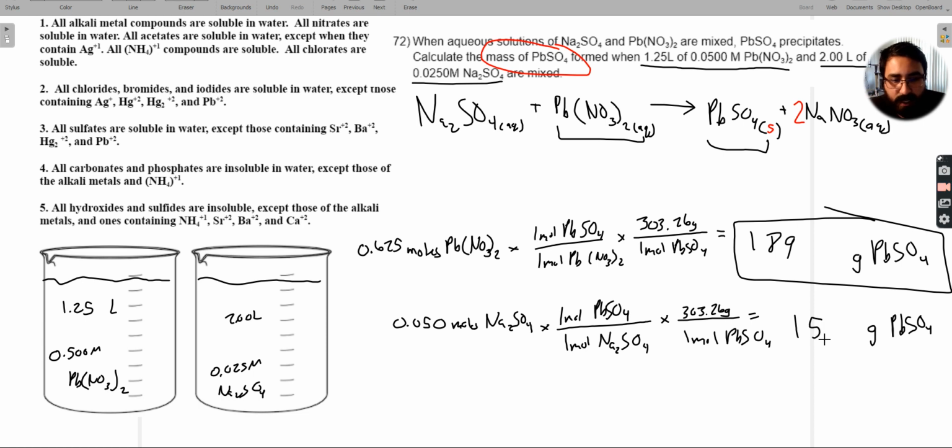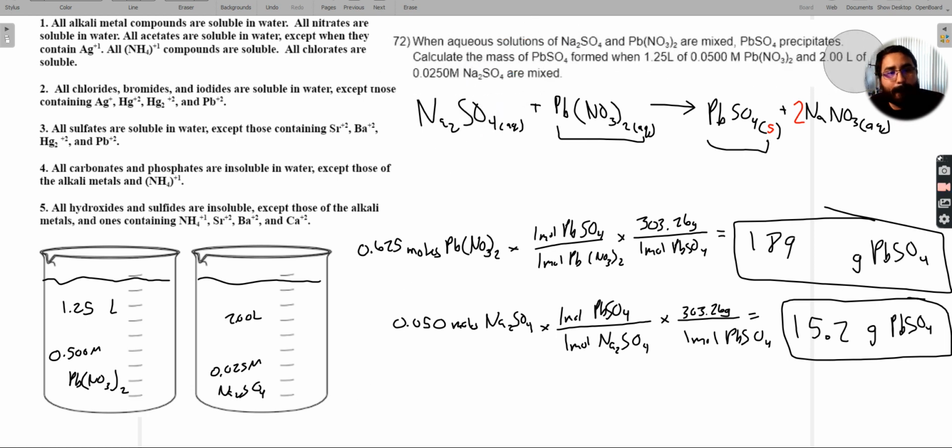Oh no, this one makes 15.2 grams of PbSO4. So one of these ran out first. So which one's the correct answer? Whichever one is lower. The one that made the least, because that's the one that determines when the reaction stops. So we have 15.2 grams of PbSO4 that were made.